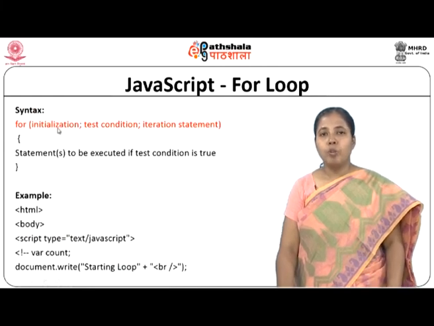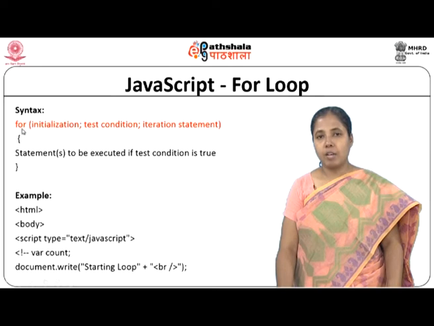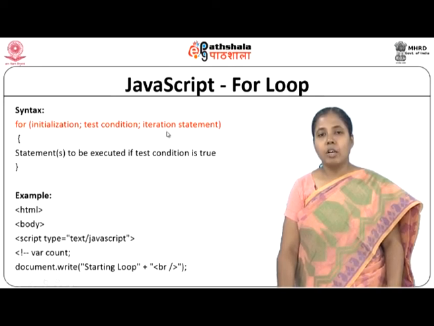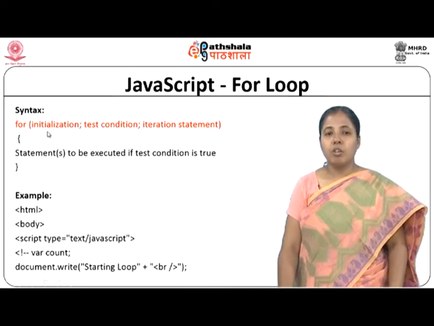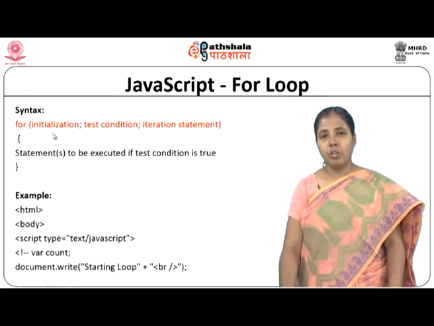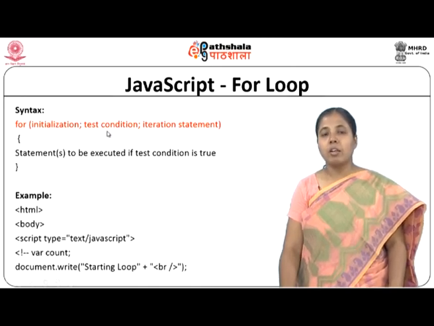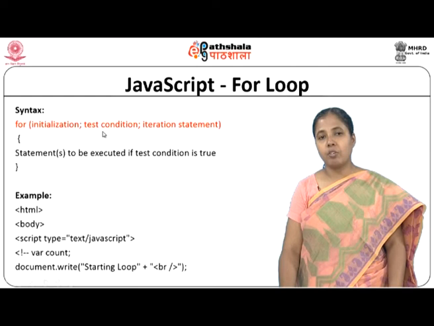A for loop is also supported in JavaScript. The syntax is given like this: the initialization, the test condition and the iteration statement. The initialization is performed first when the first iteration starts, then the test condition is checked for every iteration, and then the iteration statement says how much you want to increment or decrement in each iteration.